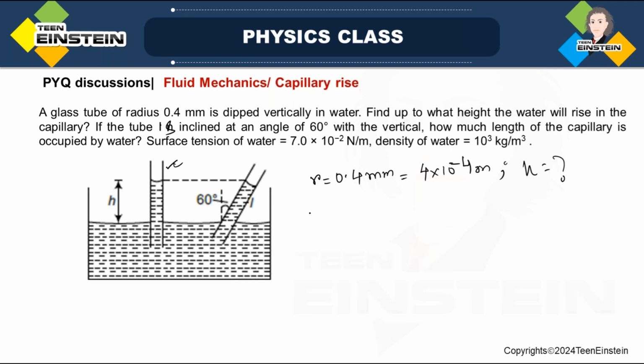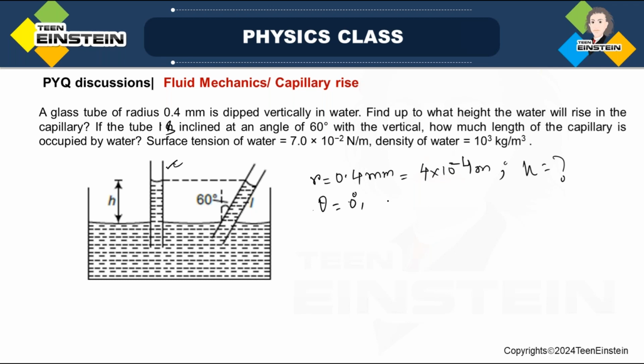In the previous question the angle of contact was given as 0 degree. So for water and glass we can take the contact angle as nearly 0 if nothing is mentioned. So theta, the angle of contact, we will take as 0 degree.